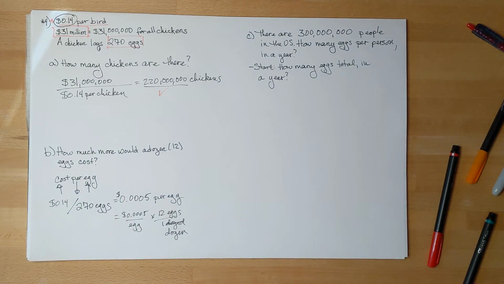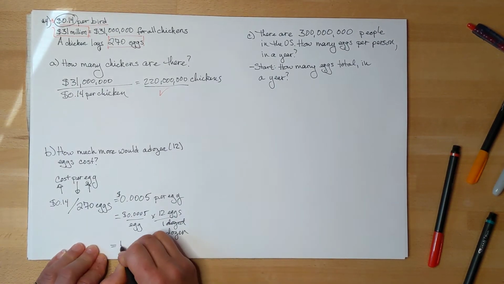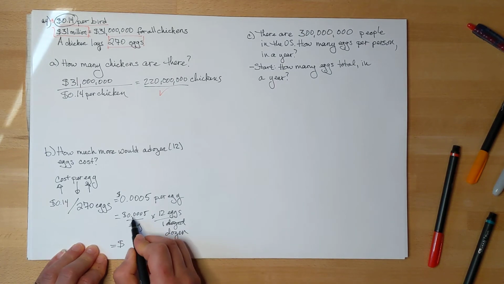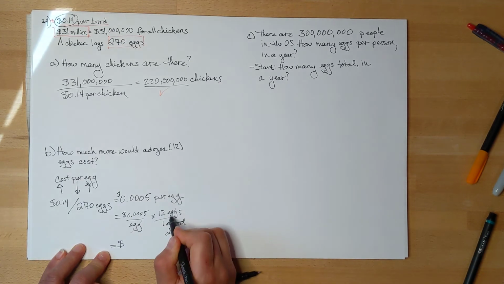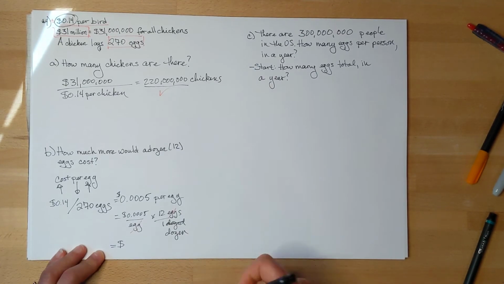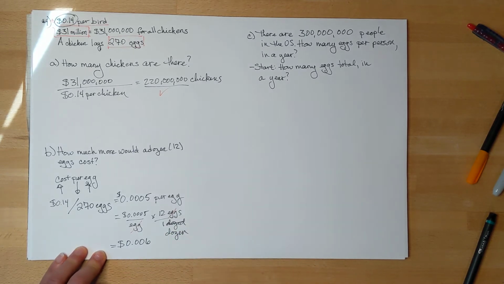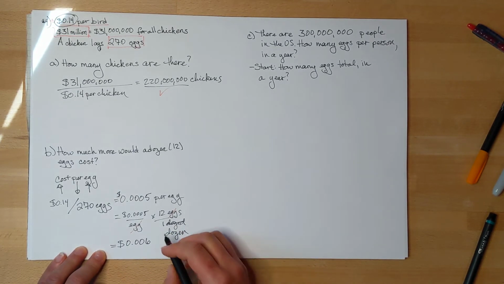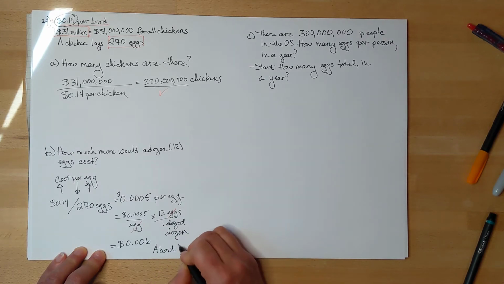So if I take that number and I multiply it by 12, I get, and this is dollars now, dollars per dozen, because my eggs are canceling out, $0.006 per dozen eggs, or about half a cent.